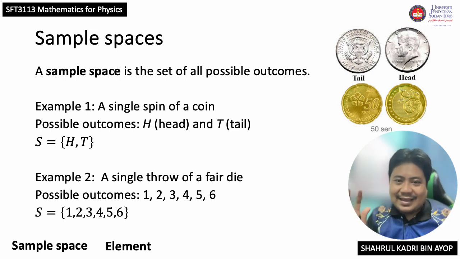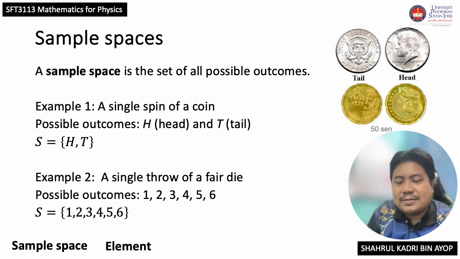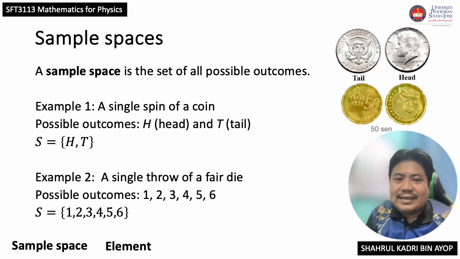The back side is a tail. But for Malaysian coins, we don't use a person's statue on the coin. So the tail part usually is the number or the value of the coin, and the opposite side is called head, which is some motif on Malaysian coins.